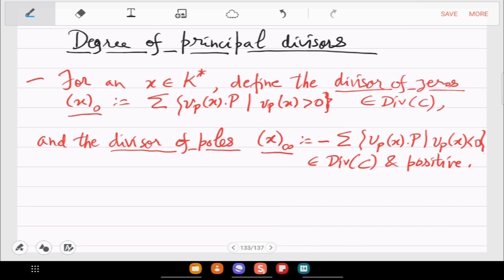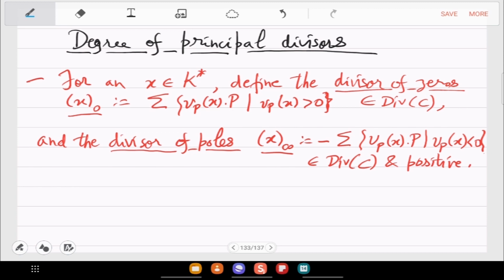It's a free abelian group. So this sum has to be finite, and you can just use our results which we have been proving since the first month, that a rational function has only finitely many zeros and, symmetrically, finitely many poles, counting multiplicity. So the points P for which the valuation is non-zero are finite overall.